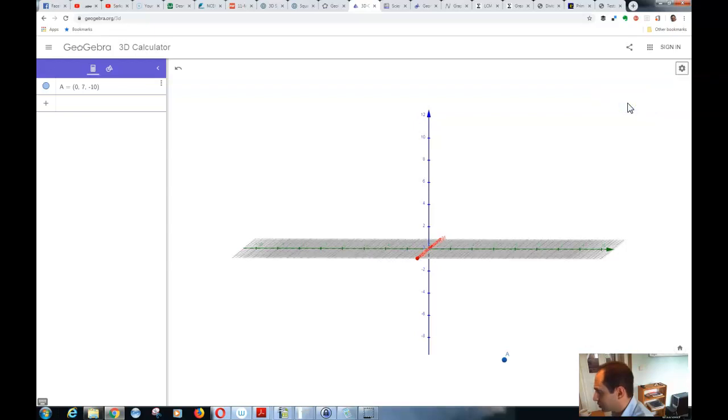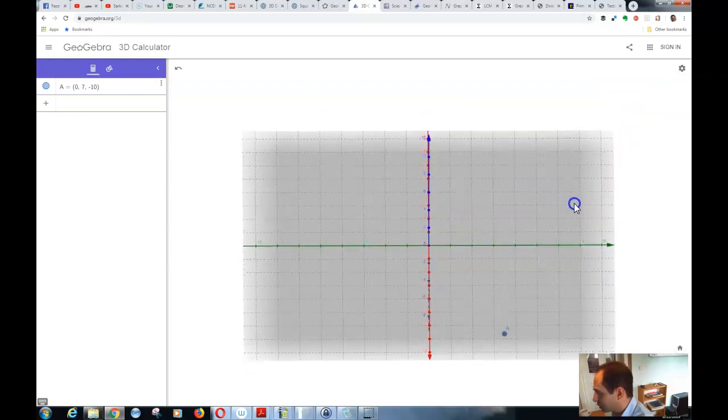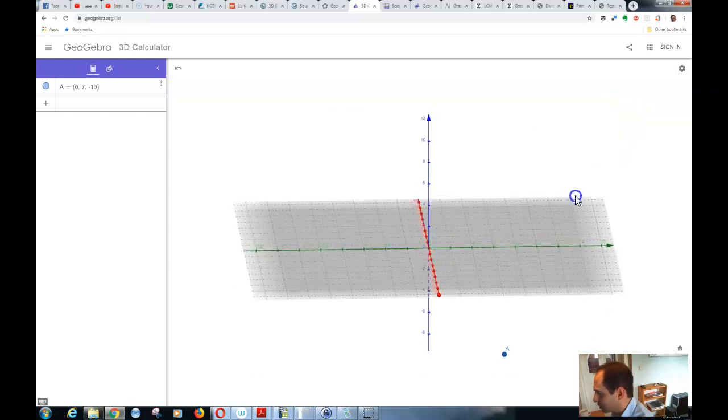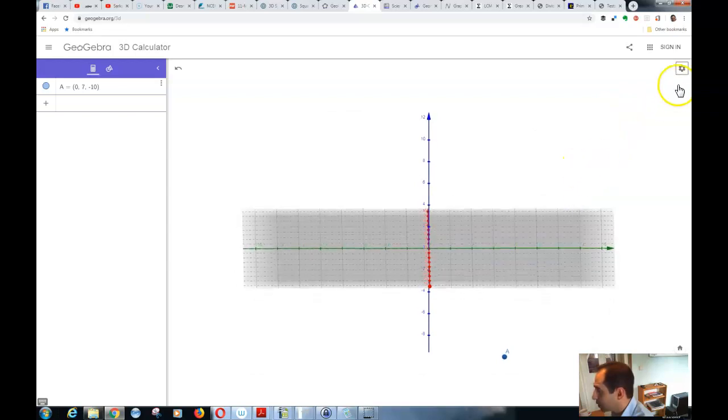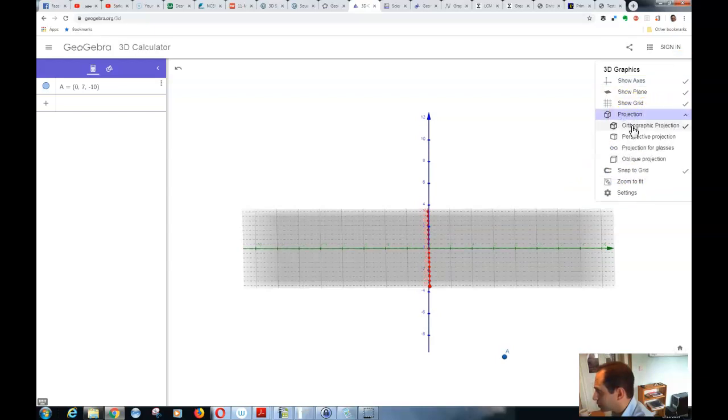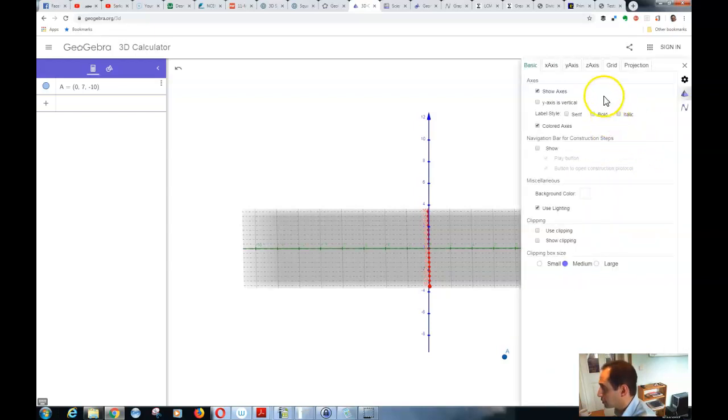Show grid, you can show some grid over here as well. And then, what is this projection? Perspective projection, projection for glasses, oblique projection, no. Snap to grid, zoom to fit. And you have some settings over here.